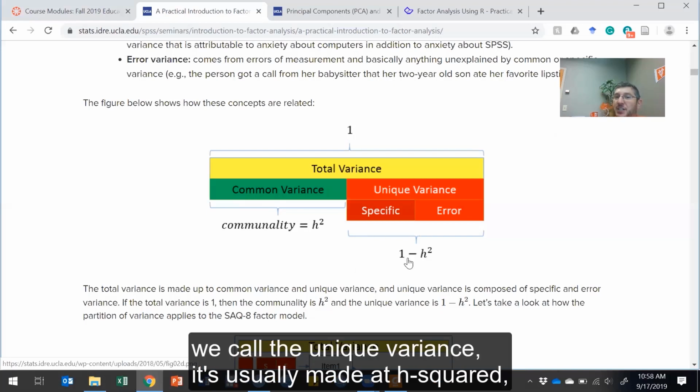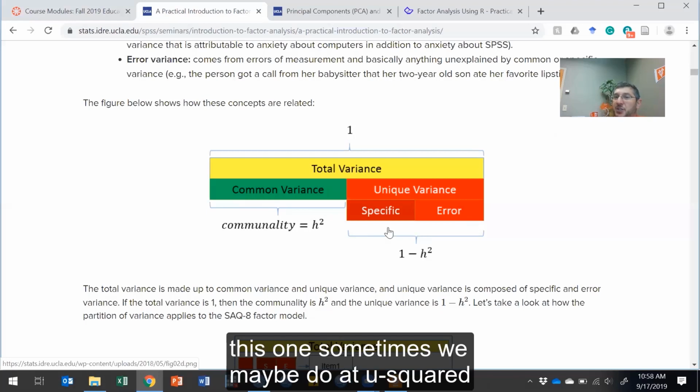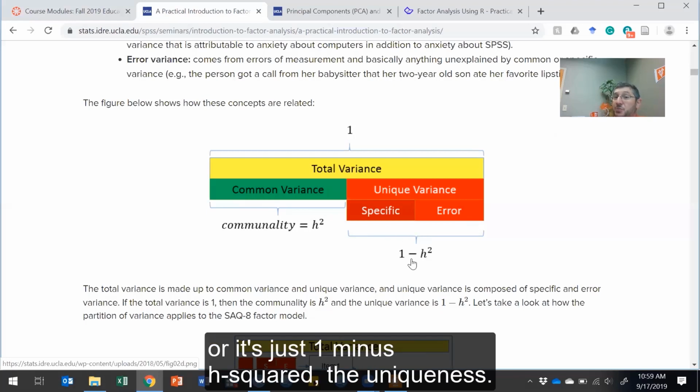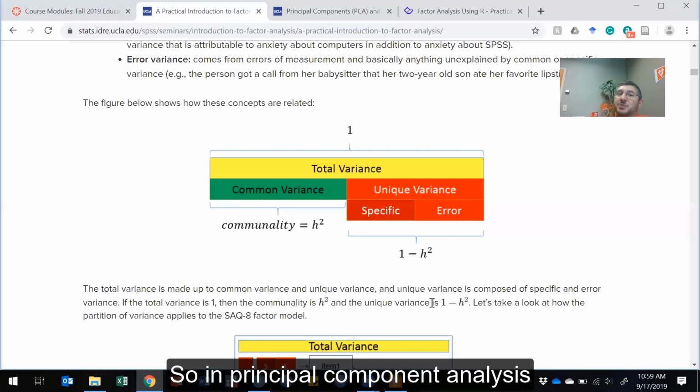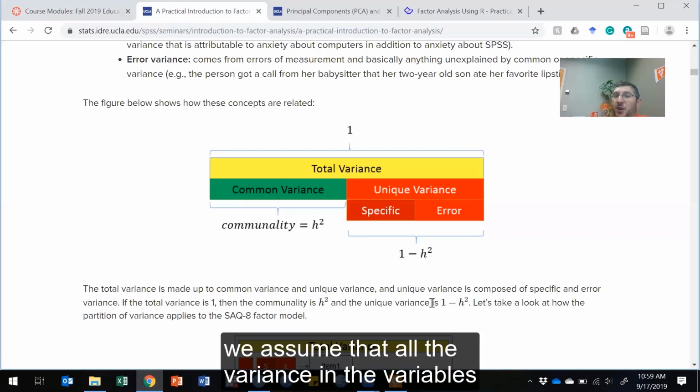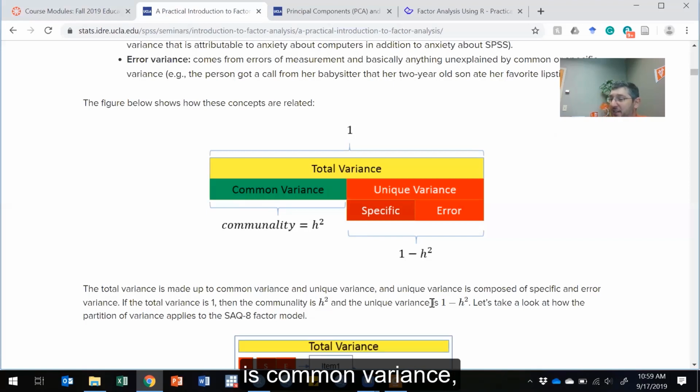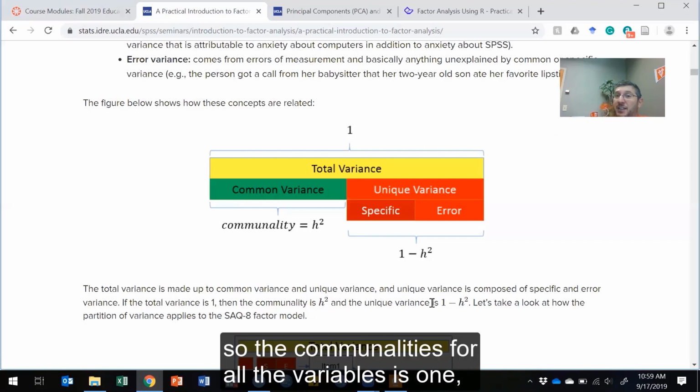The unique variance is sometimes denoted u squared, or it's just 1 minus h squared, the uniqueness. So in principal component analysis, we assume that all the variance in the variables is common variance, so the communalities for all the variables is 1.